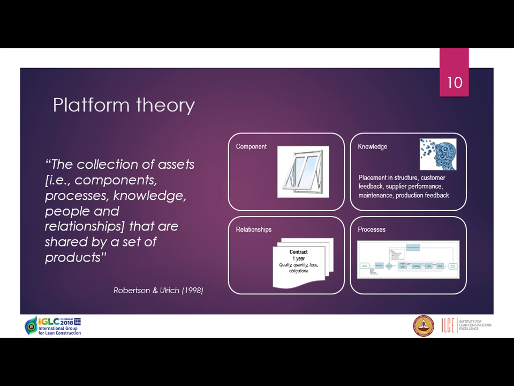But what Robertson and Ulrich also emphasize is that the other 3 components of their definition are essential to master. Otherwise, if you're just looking into the first one, then you will not succeed anyway, because the other ones are of course dependent on each other, which I will show in the results in just a few moments, that the company that I have studied has not succeeded in that yet.